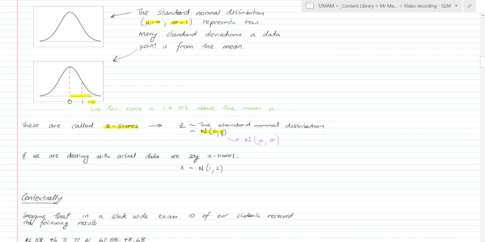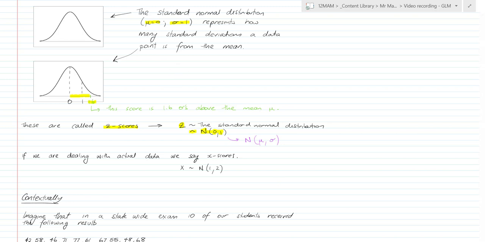Now this is our normal distribution notation. Z is approximately equal to, or can be represented by, a normal distribution N with a mean mu of 0 and sigma squared of 1.